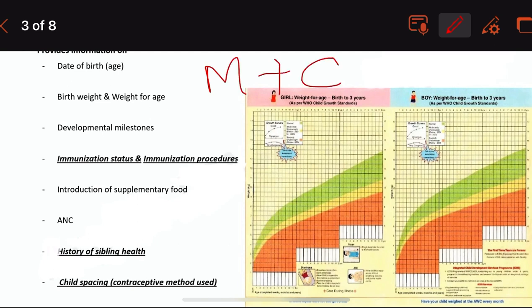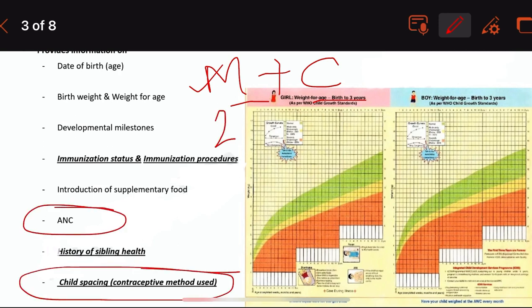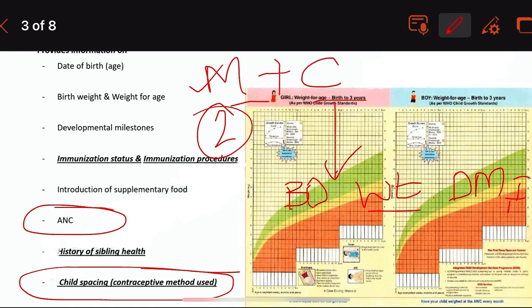Mother and child protection card, MCP card. With regards to the mother, the ANC services and the child spacing contraceptives used, 2 points. Next, the child: we see the birth date, the weight of the baby and weight for age, followed by, once the baby is born, the developmental milestones, then the immunization, followed by the introduction of the supplementary foods, and then the history of the siblings' health should be recorded.